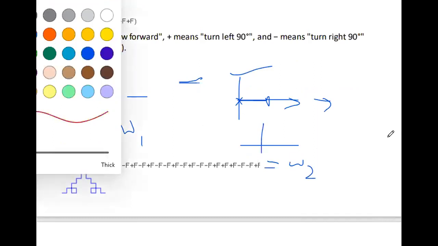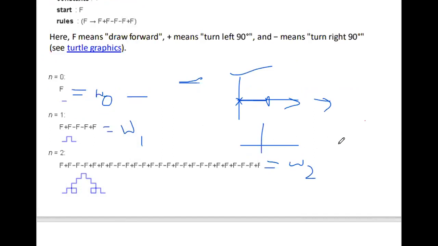Facing in this direction, the initial point is at the origin. Draw forward by 1 centimeter, you can mark your paper. He is still facing in this direction, and then turns left by 90 degrees.